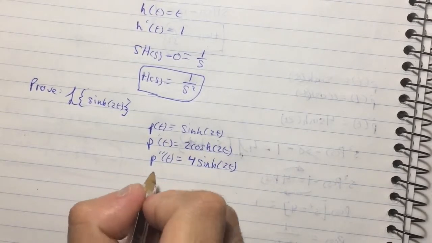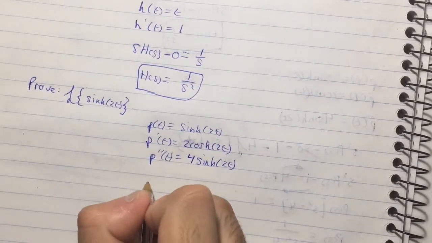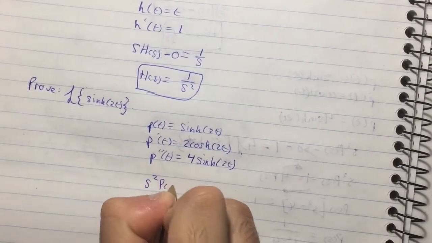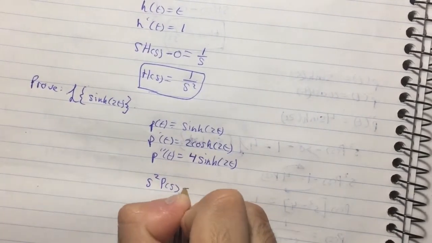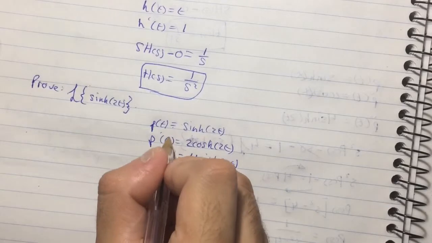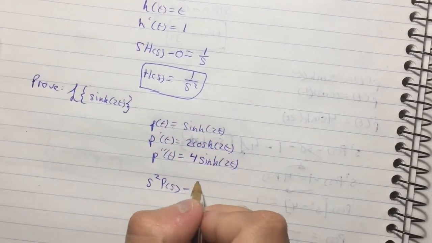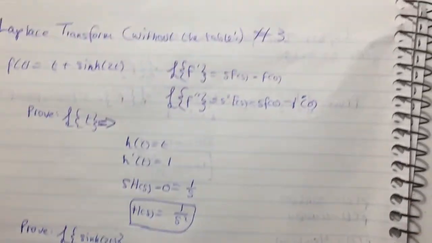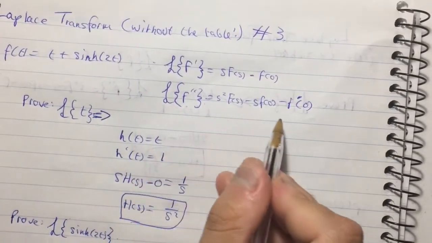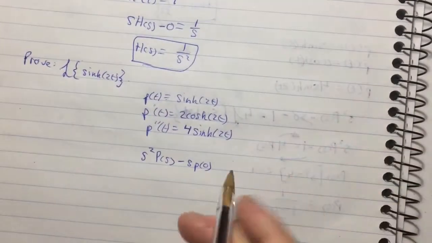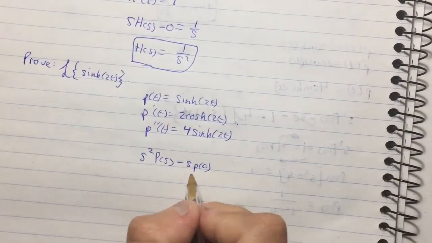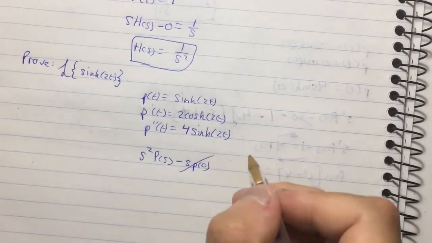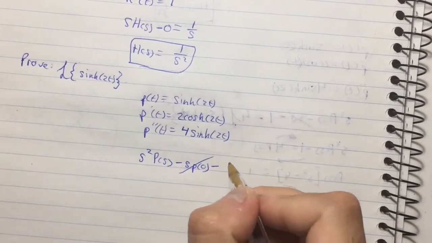Anyway, so we're going to take the Laplace transform on both sides. So we're going to say s squared P(s). Now, I know that p of 0 here is 0. By the way, I'm just applying the Laplace transform rule here. So basically, s squared P(s) minus s p(0), well, I know that this is going to go to 0. You can prove it yourself if you want to.